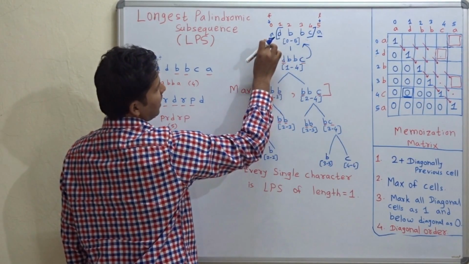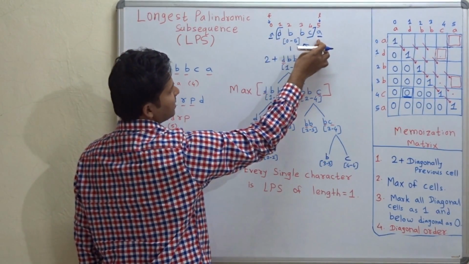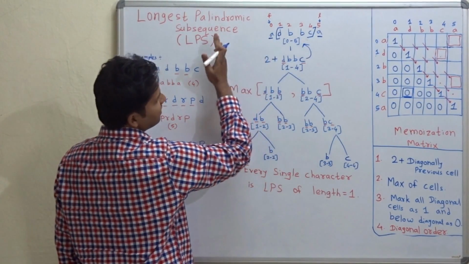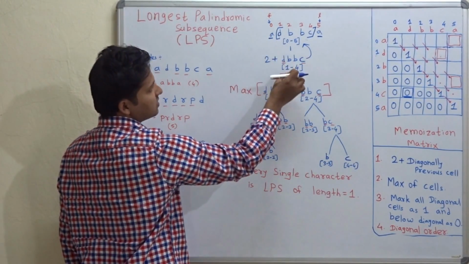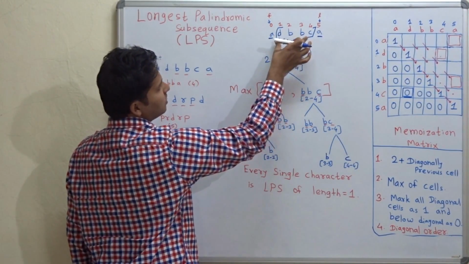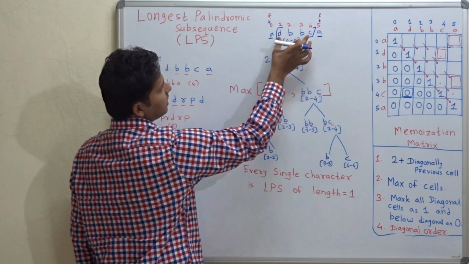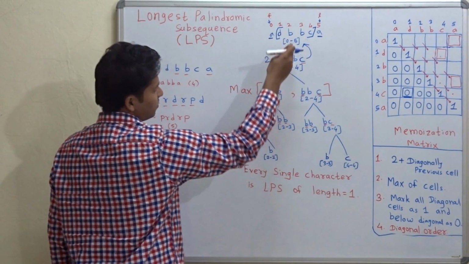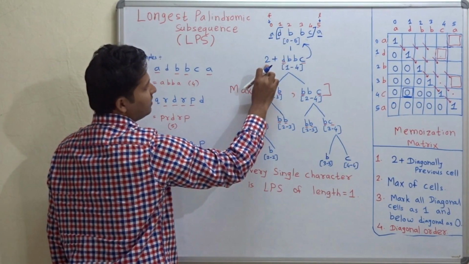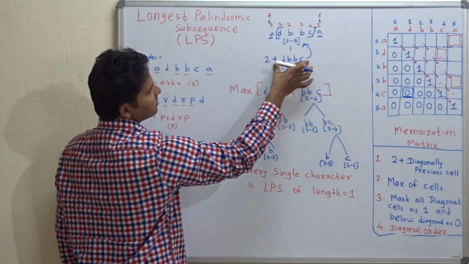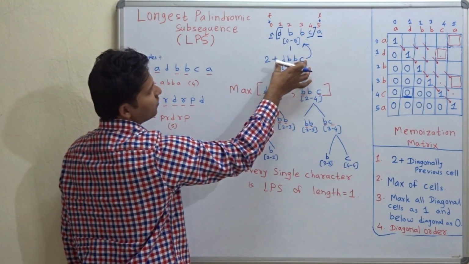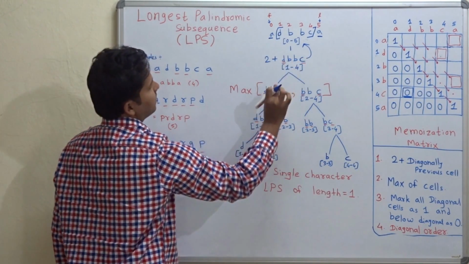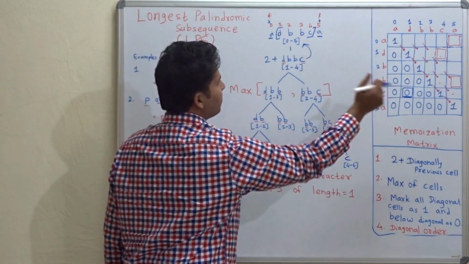Because the first and the last character match, we exclude these characters and the problem drills down to finding out the LPS of the substring DBBC. So here we can write 2 plus the length of the LPS of DBBC.